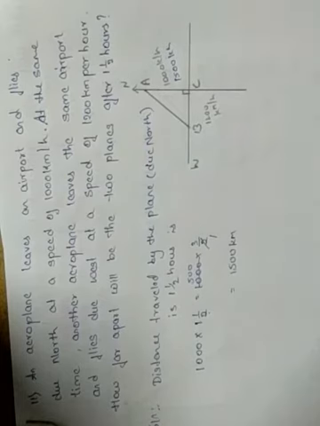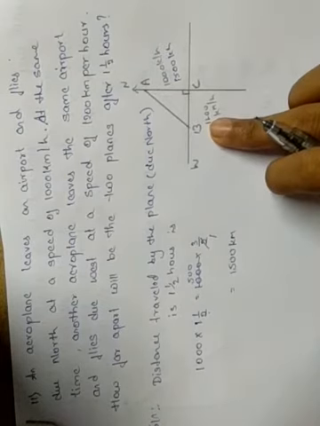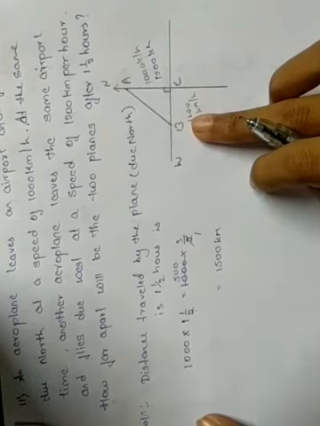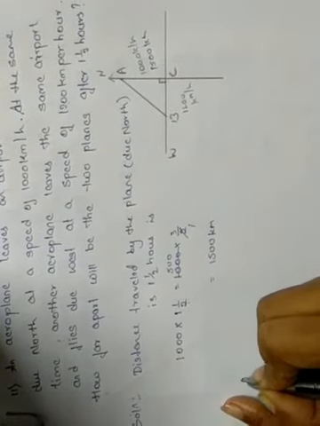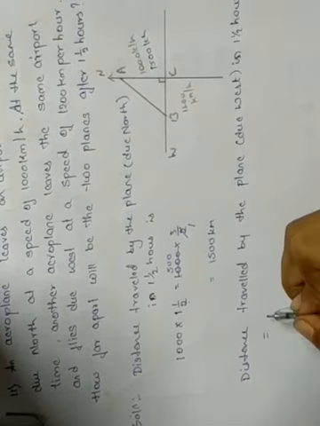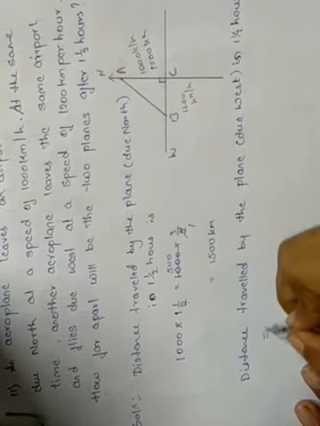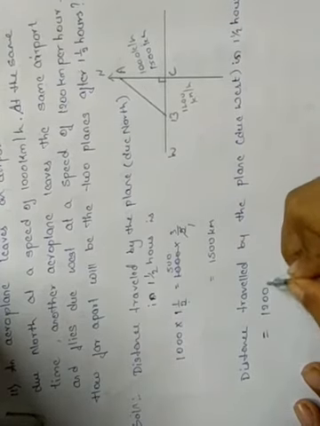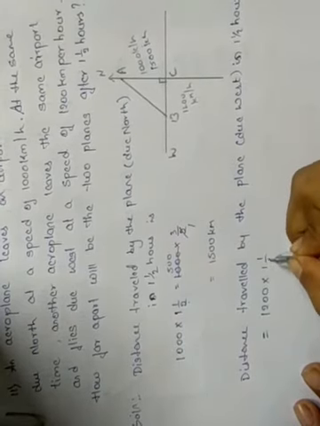Right, now similarly we have to find the distance traveled by the aeroplane flying due west after 1.5 hours. Distance: we write the statement, that is how much it has traveled, 1200 into 1 and 1/2.